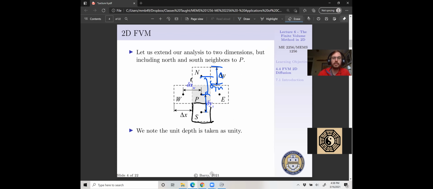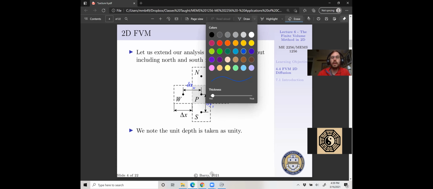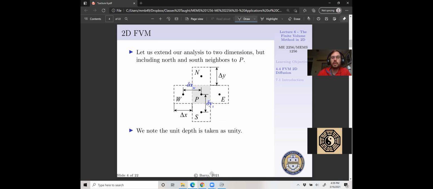So for this formulation, we're going to assume a unit depth. And when we say a unit depth, we're going to assume everything in the z direction is equal to unity.